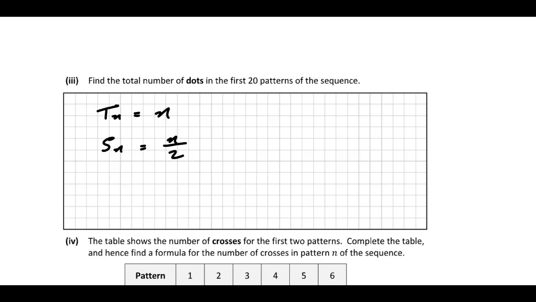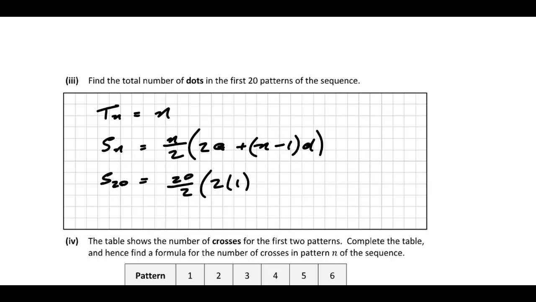You can do it this way, n over 2, 2a plus n minus 1 times d. So we want the sum of the first 20. So it's going to be 20 over 2 times twice the first one, which is just 1. A is the first term. N minus 1 is 19, and the difference is just 1. If you're going 1, 2, 3, 4, 5, 6, 7 up to 20, the difference is just 1.